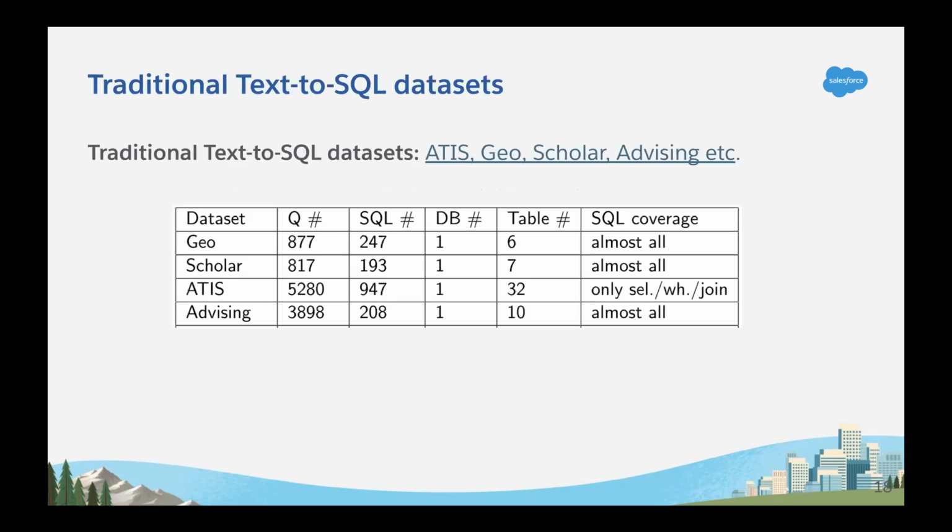Because it's hard, at the early stage our pioneer researchers did not collect a very big text-to-SQL dataset. They only collected datasets for one domain, which means the whole dataset only has a single database. The training and the testing both use the same database. And the number of SQL queries is also very small, usually just hundreds.